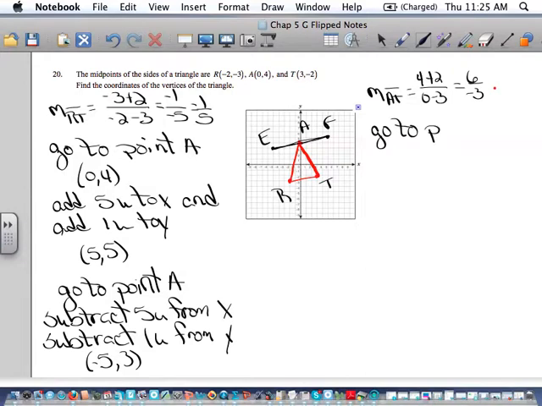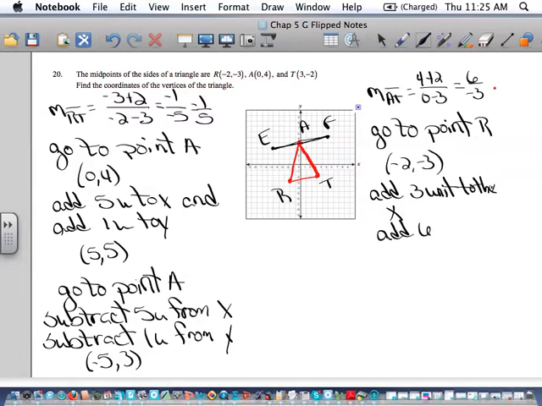So I'm going to go to point R. R is at -2, -3. So from point R, I'm going to add 3 units to the x-coordinate, and I'm going to add 6 units to the y.